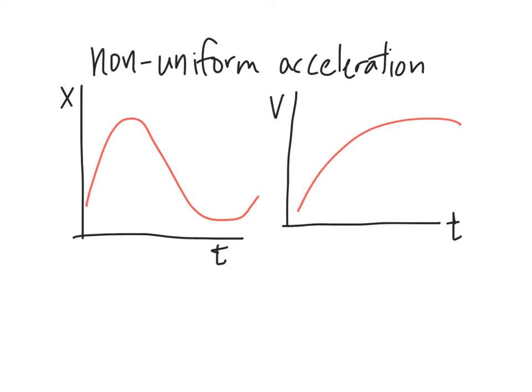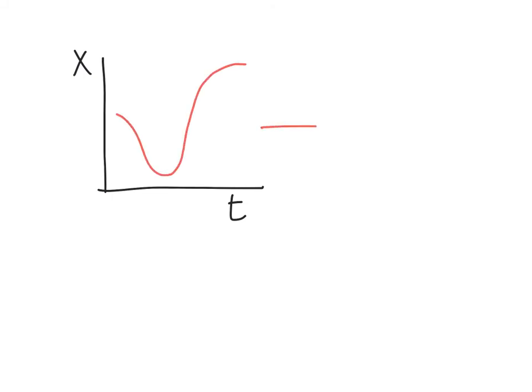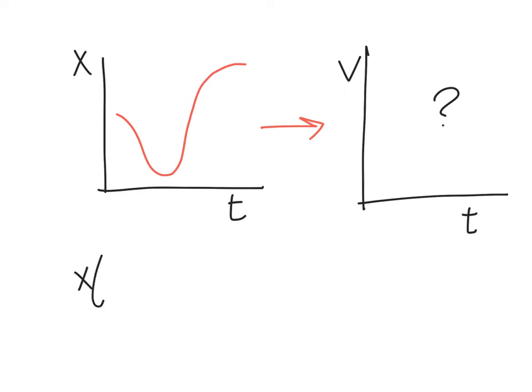Calculus is going to allow us to look at a position graph with some sort of crazy shape and predict what the velocity graph would look like. I can't do that very easily just by looking at it. What we need is a formula that describes what this position looks like, something like x as a function of time.